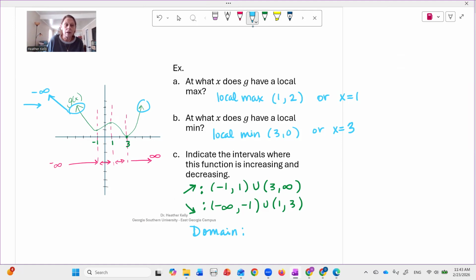And so this guy here is indicating we're going to positive infinity. So our domain here is negative infinity to positive infinity if we want to look at the graph. Now, if we had the equation, we would know really quick because we would look to see, is there a square root? Is there a variable in the denominator? Okay.